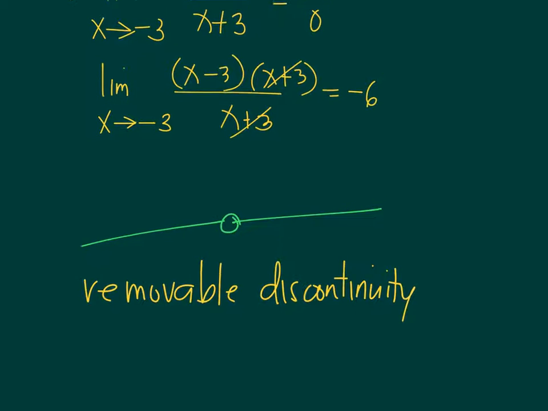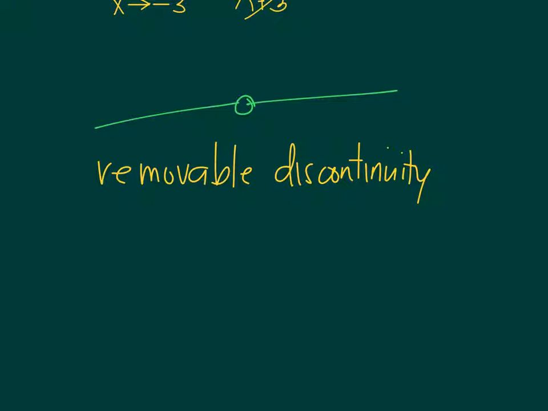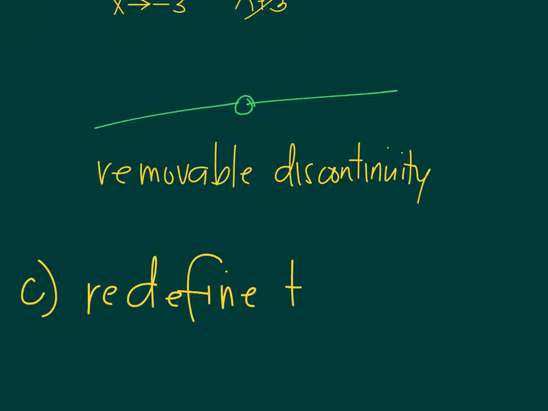Now, we already answered what type of discontinuity. It's a removable discontinuity. Sometimes, you will be asked to redefine the function. How do we redefine the function?